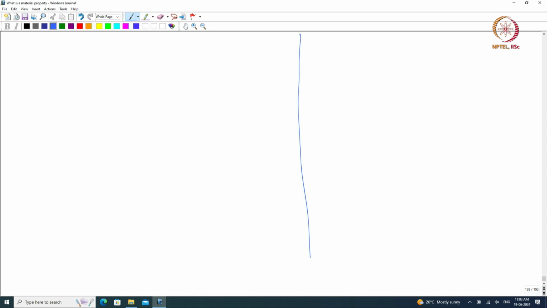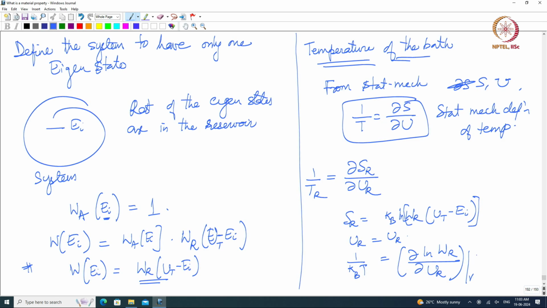In other words, W_R is some sort of an integration constant, gamma, you can see here. So this is a differential equation.